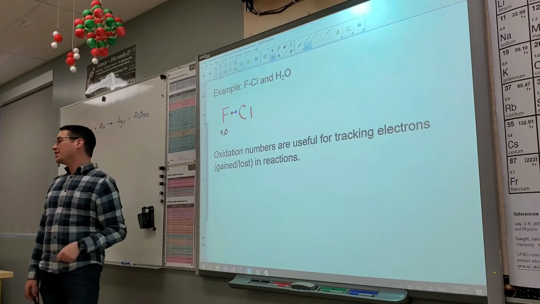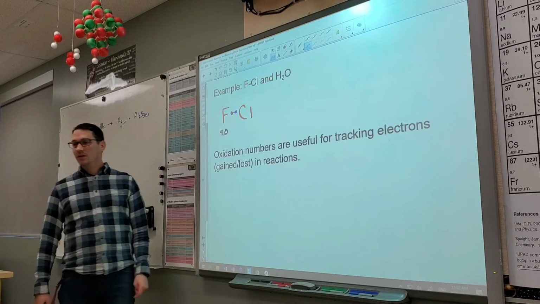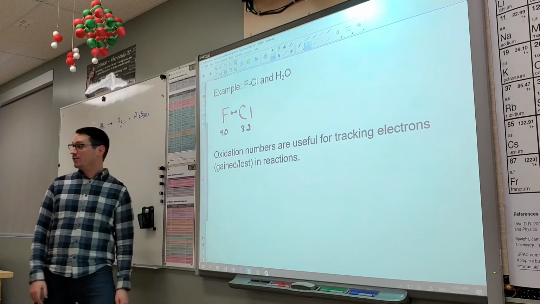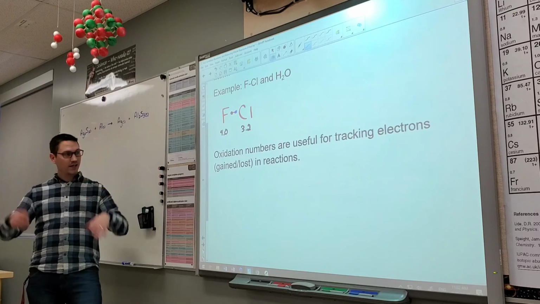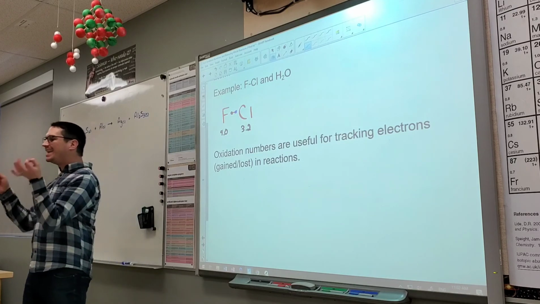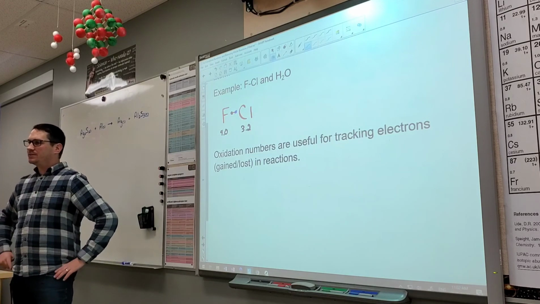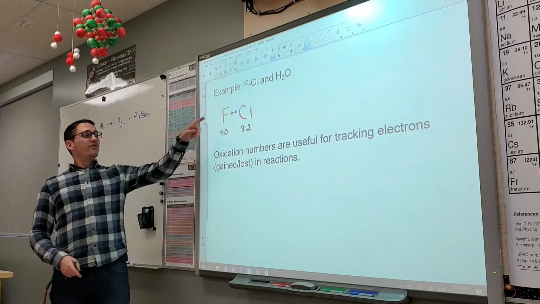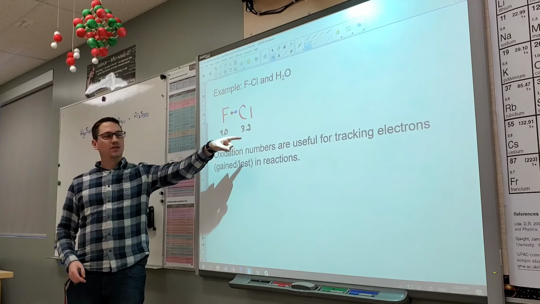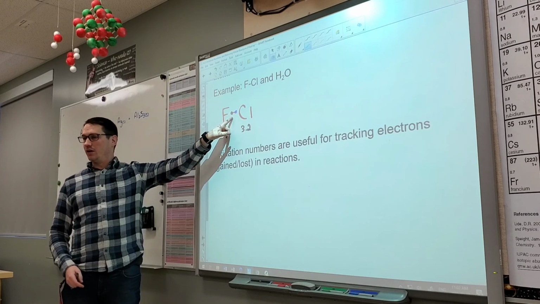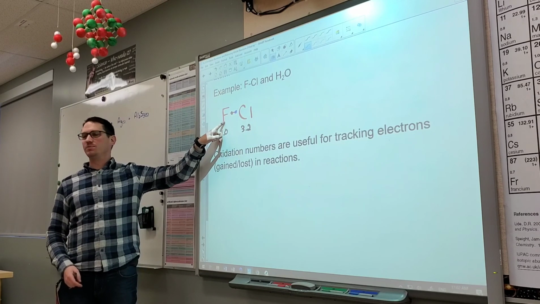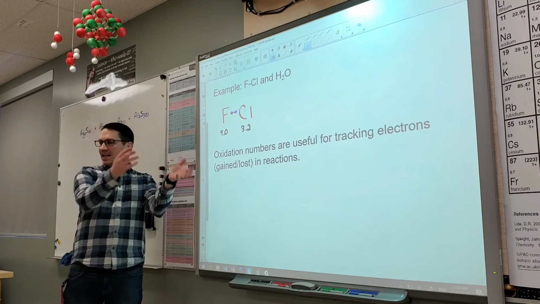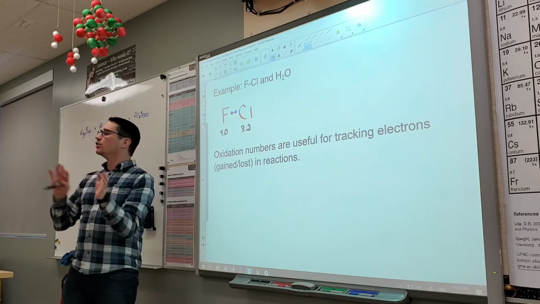And what's the electronegativity of chlorine? 3.2, which is still pretty good, right? So who's winning the battle for the electrons? Fluorine. Now, fluorine came into this sharing 1 electron. So the black electron always belonged to fluorine, and by winning it, it didn't gain or lose any.